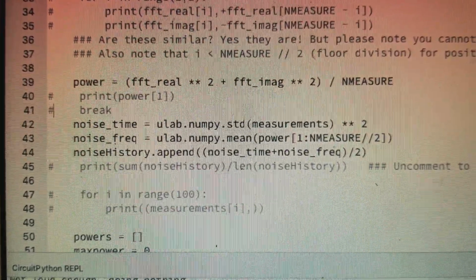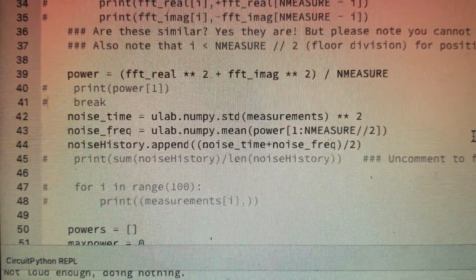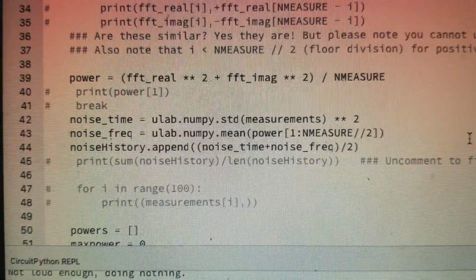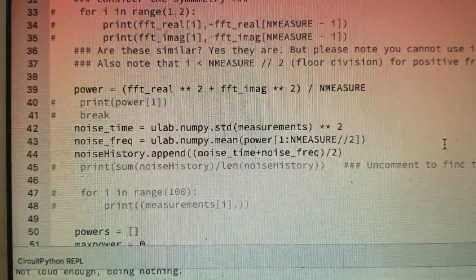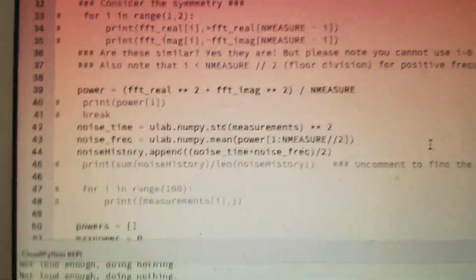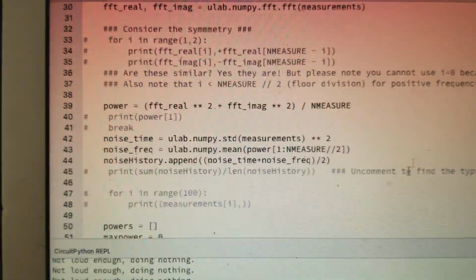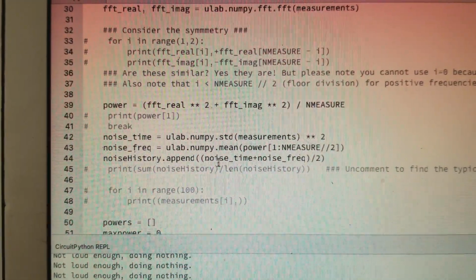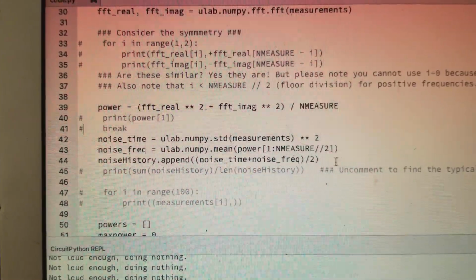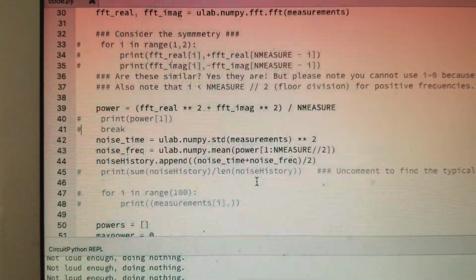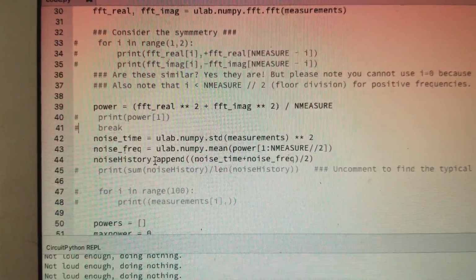And here was the code that I used to get the approximate noise level. So we have the noise time, noise frequency as defined in the instruction. I have it basically take an average of noise time and noise frequency because they're very similar, and append this to a list called noise history.